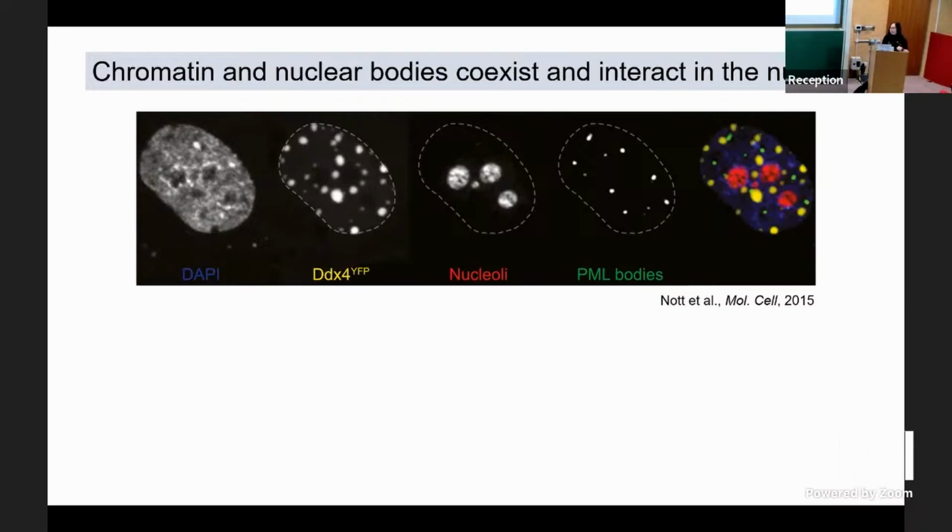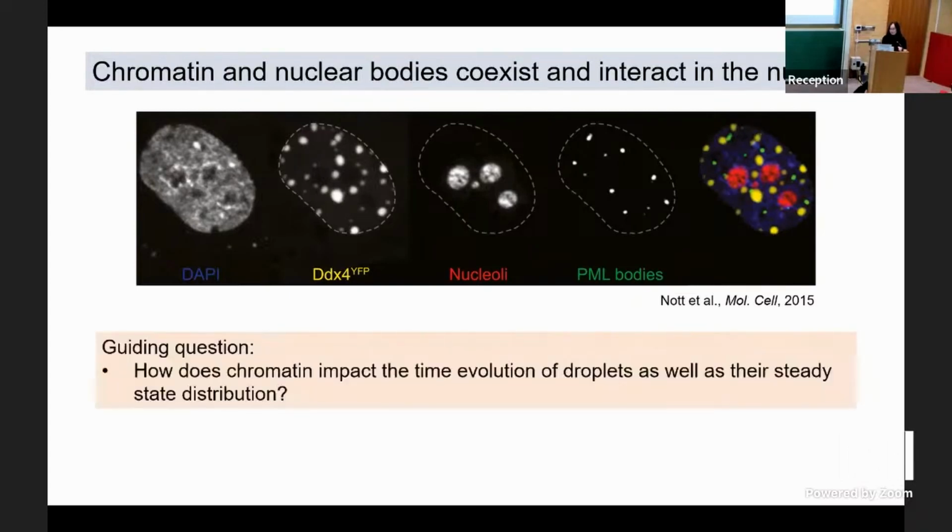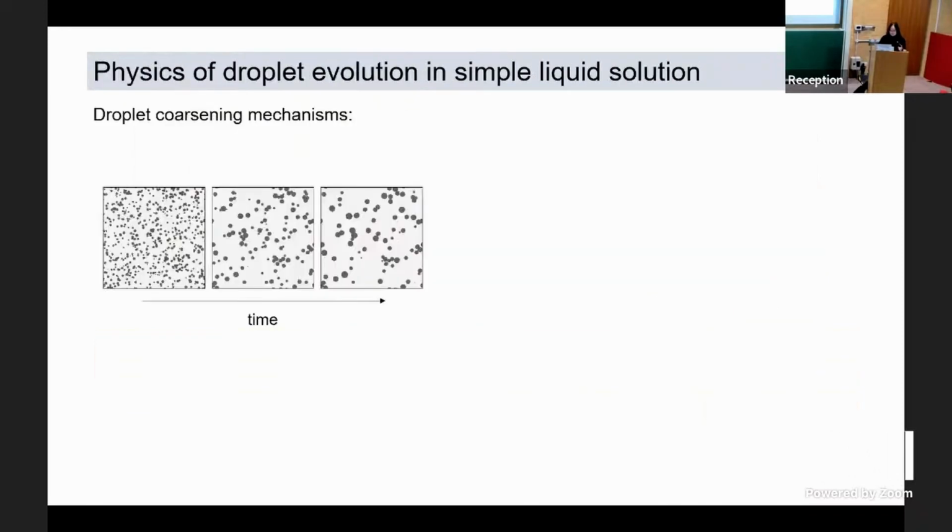As a result, there is a rich mechanical interplay between the chromatin and the phase separated condensates. So our guiding question is, how does this chromatin impact the time evolution of the droplets, as well as their steady state or equilibrium distribution?